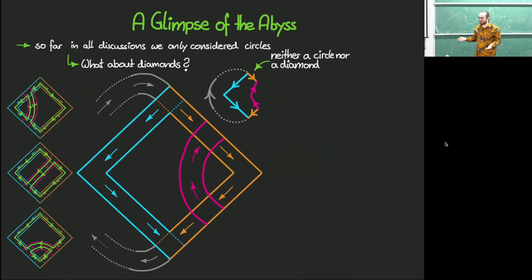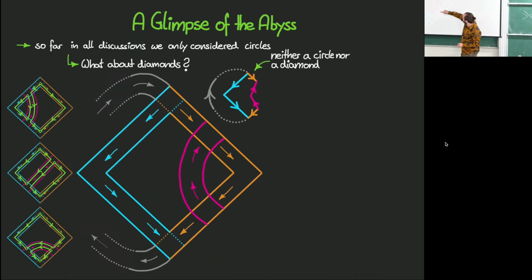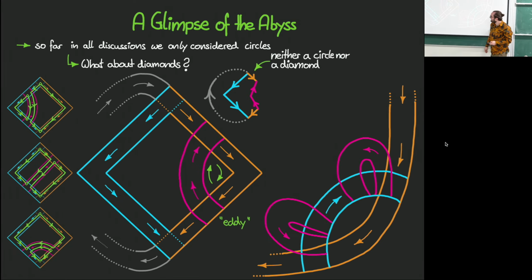So what should I do? The nice observation is that locally this again forms a circle area. This situation here is a circle, or what we call an eddy, because it's a smaller swirl inside of the big maelstrom that draws us deeper under the sea.